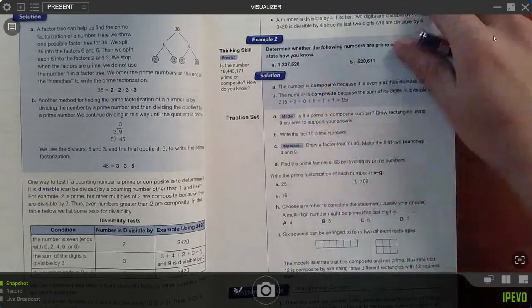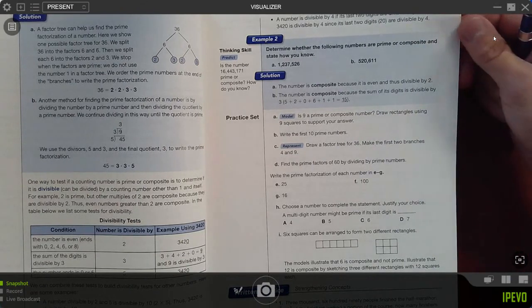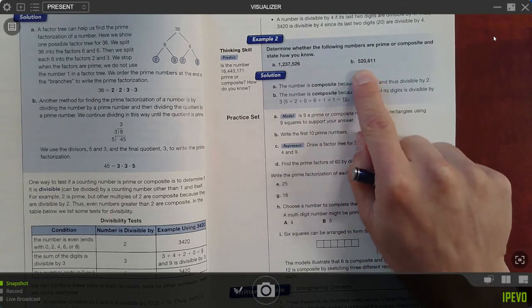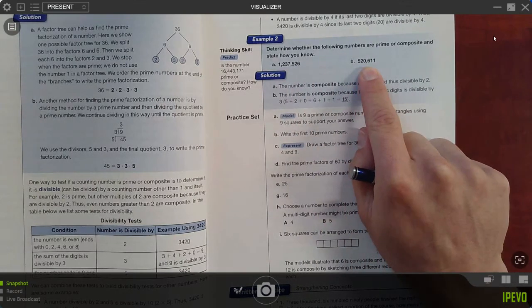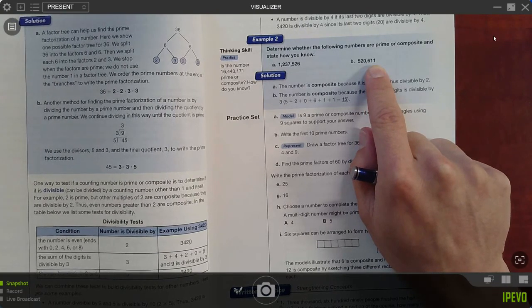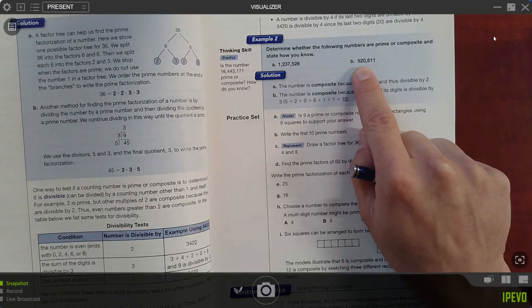Because 6 is even. So this is a composite number. This over here, 5 plus 2 is 7. 7 plus 6 is 13, 14, 15. 15 can be divided by 3, so I do know that this number has another factor, which is 3.